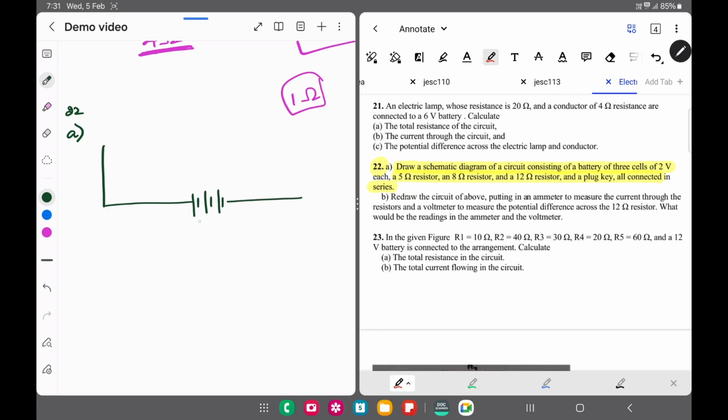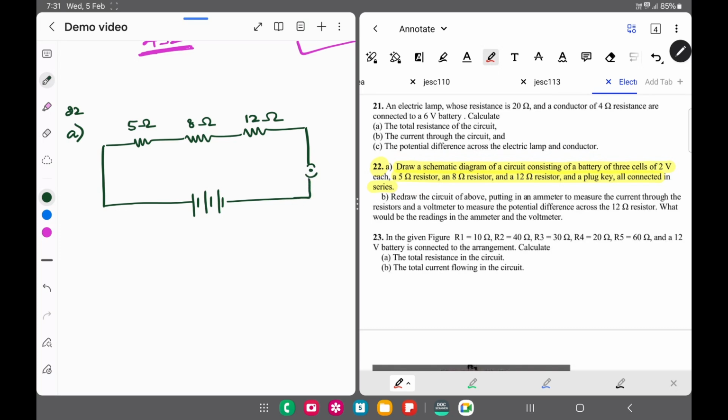So 3 batteries of 2 volt are connected. A 5 ohm resistor, an 8 ohm resistor, and a 12 ohm resistor, and a plug key, all connected in series. Maybe I'll connect a plug key here.